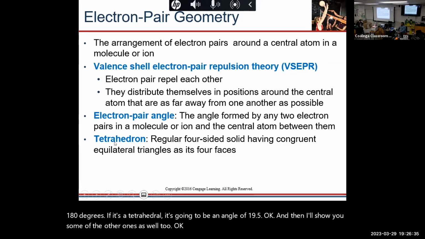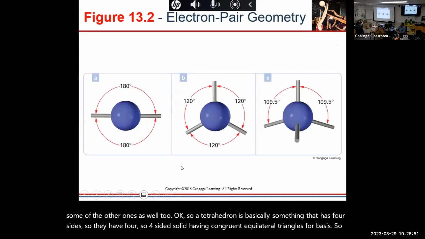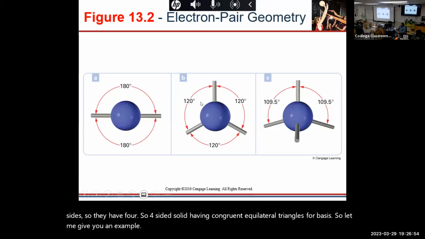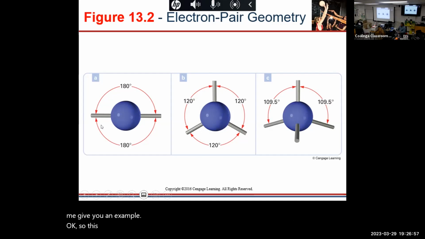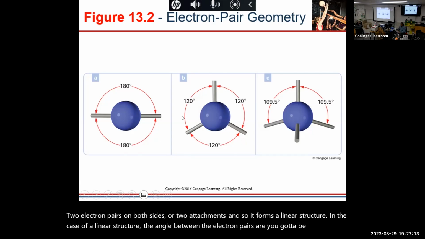A tetrahedron is basically something that has 4 sides, a four-sided solid with congruent equilateral triangles as bases. I can give you an example. This here represents linear, the very first one, meaning there are two electron pairs on both sides, or two attachments. It's a linear structure, and the angle between the electron pairs is going to be 180 degrees.